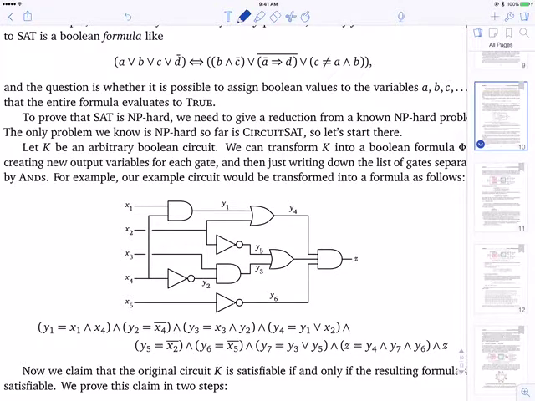Okay, so this is a Boolean circuit. I'd love to know whether it's satisfiable or not, whether I can plug in values at the front and get a 1 out at the end.